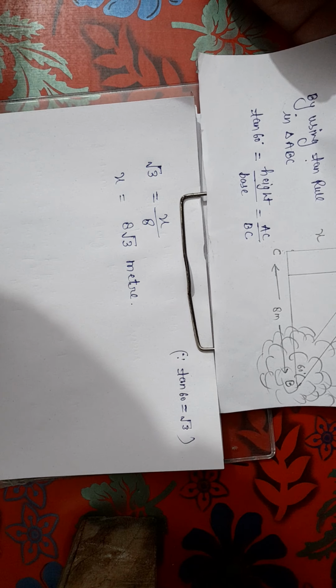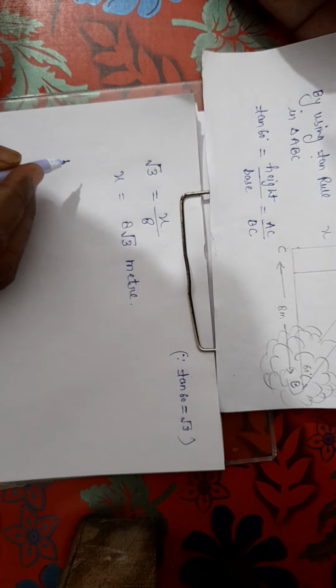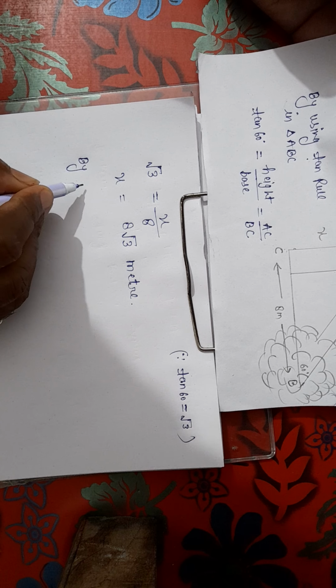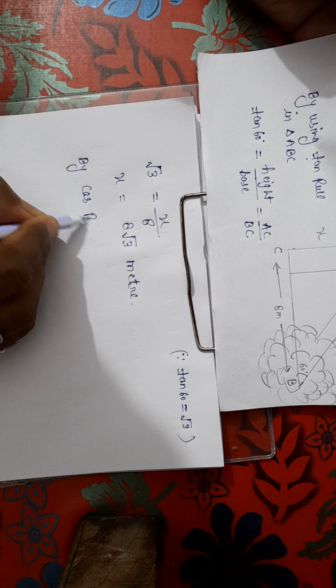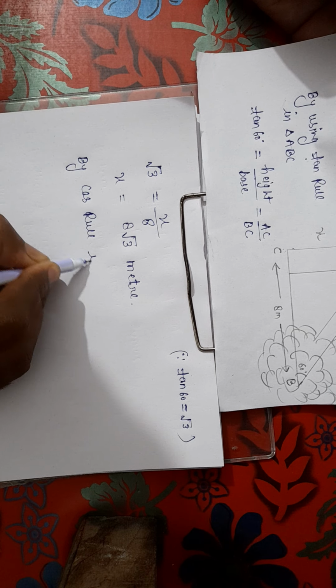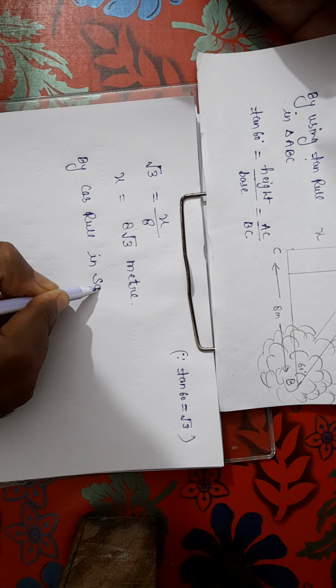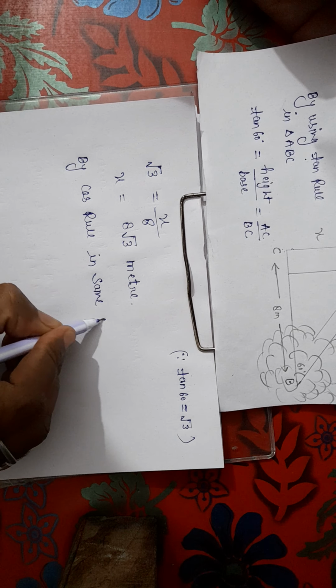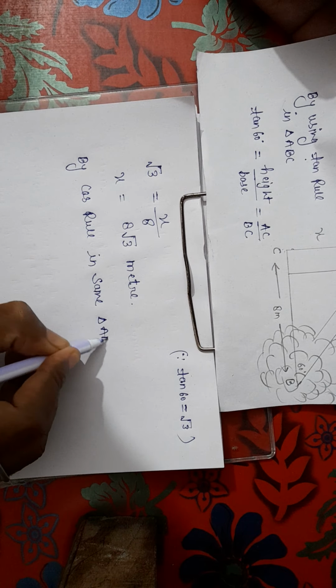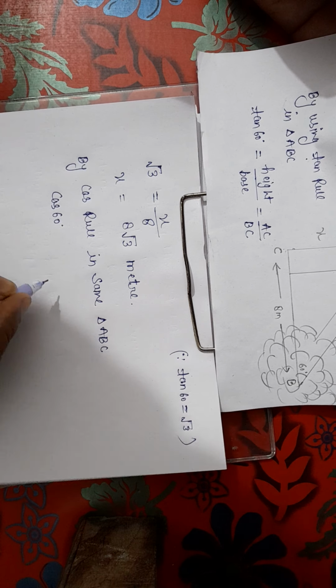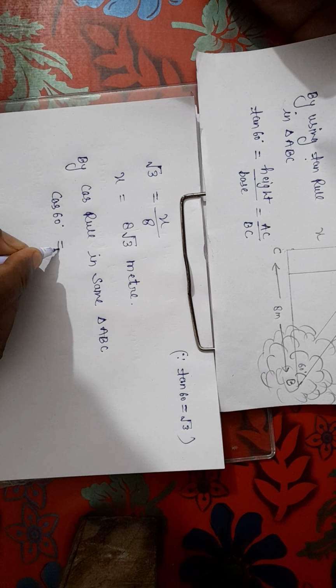So in order to calculate the value of y, we will use the cos rule in the same triangle ABC. The angle will be the same, cos 60, because this is the angle of elevation.